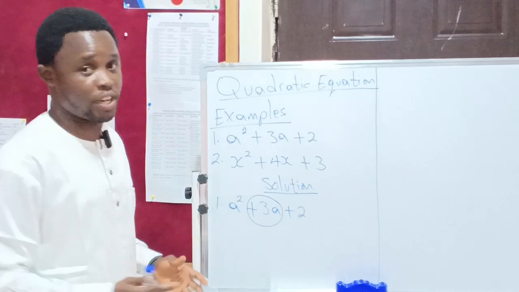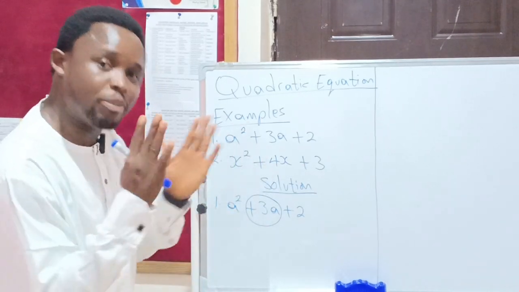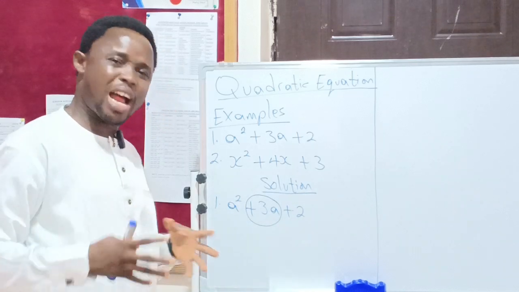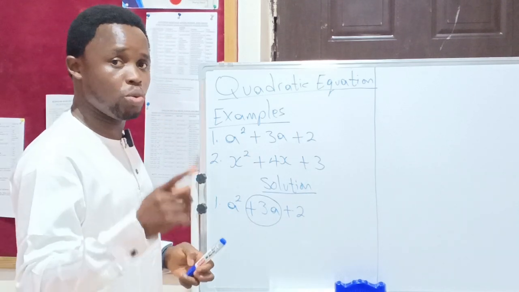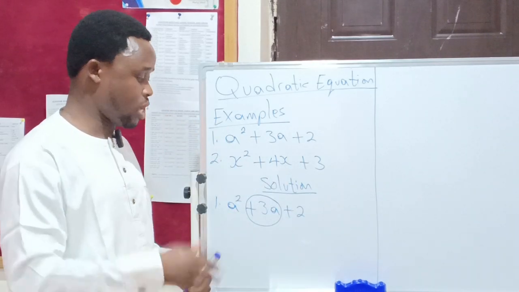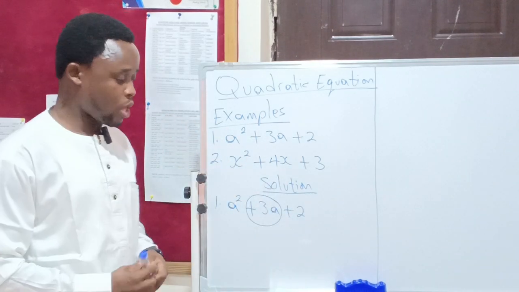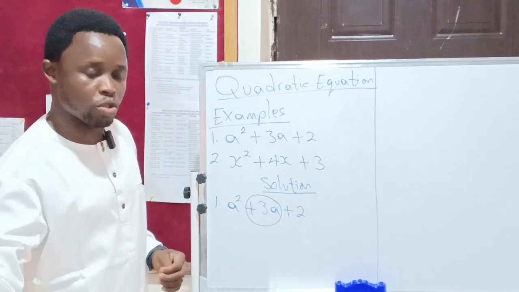So now, if you check very well, you agree with me that the two numbers that will multiply together to give us plus 2, and when we add together, will give us plus 3, can only be 2 times 1, which gives us 2, and 2 plus 1, which gives us 3. So the two values are plus a and plus 2a.